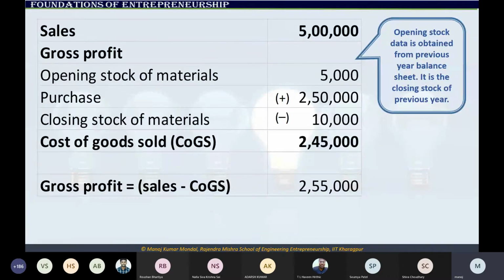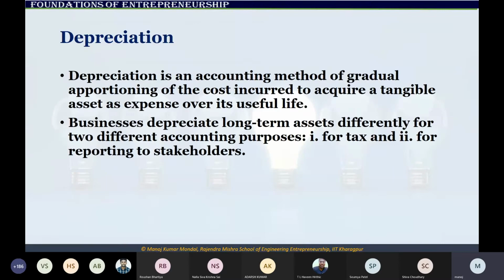Because usually students make mistakes, even though the concept is so simple, it's confusing as well. That is why I have so many slides on it. Now your sales is 5 lakh rupees, your cost of goods sold is 2,45,000 rupees, you deduct and you get 2,55,000 rupees to be your gross profit.